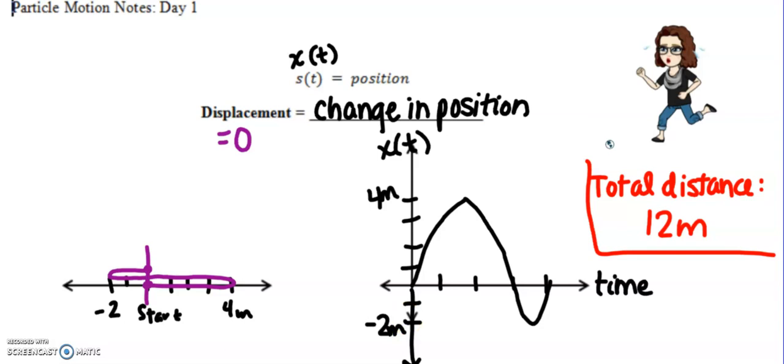So in thinking about this graph, we were moving to the right 4 meters. Then we move to the left 6 meters. Then we move back to the right 2 more meters, which is where our 12 is coming from, 4 plus 6 plus 2.